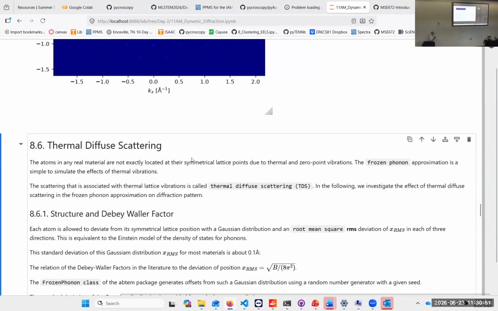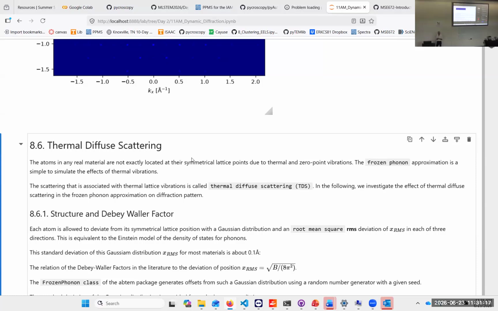And that's where we get with the thermal diffuse scattering. So a large portion of our diffraction pattern comes actually from the electron interacting with the phonons in the sample. The atoms don't stand still, right? We know they are wiggling backwards and forwards.